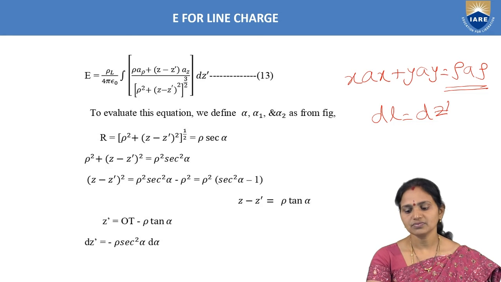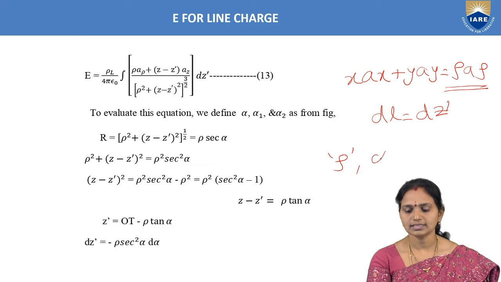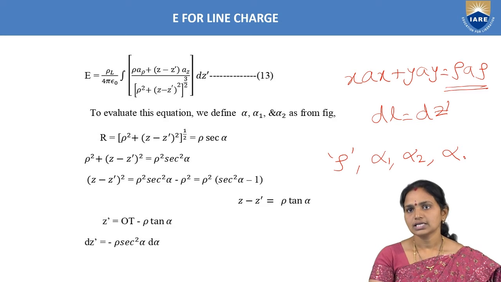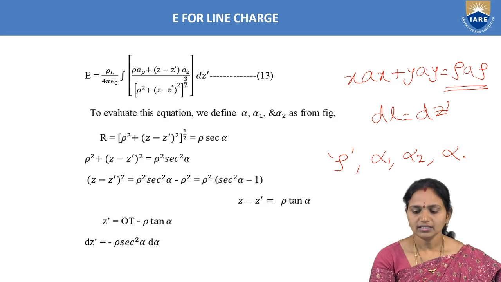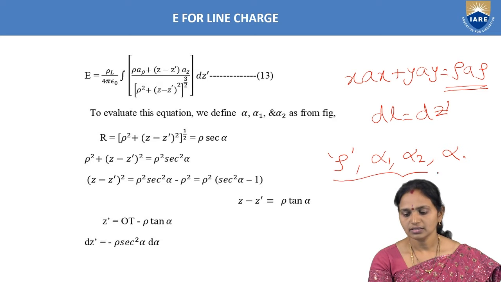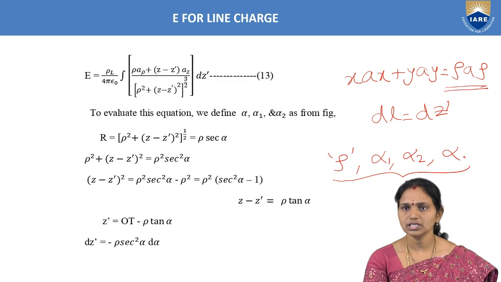Here the known parameters for us are rho, which is the radial distance from the z axis, and the angles alpha 1, alpha 2, alpha. All these correspond to the field point. Now we need the final equation in these known parameters only.